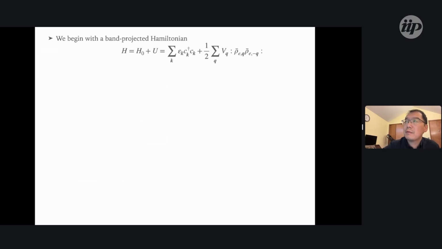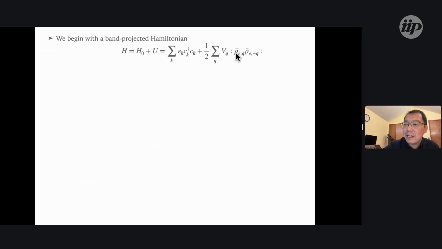We begin with a band-projected Hamiltonian. You have your band dispersion, and then you have your interaction written in terms of the normal-ordered interaction term, where ρ̄ is the projected electron density operator. We are assuming that the interaction is density type, so basically a standard Coulomb interaction. That's our starting point.